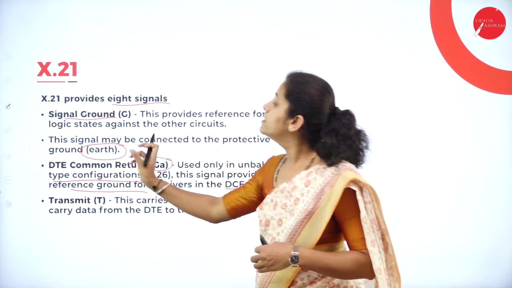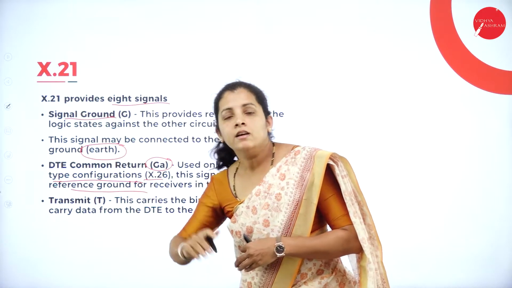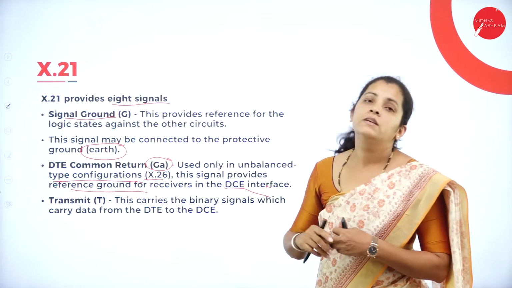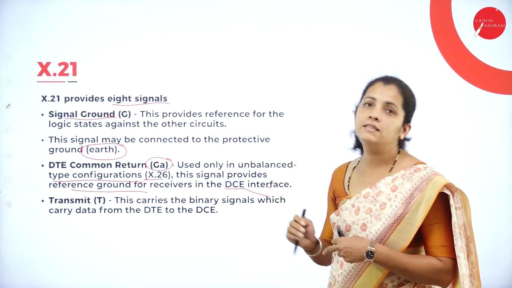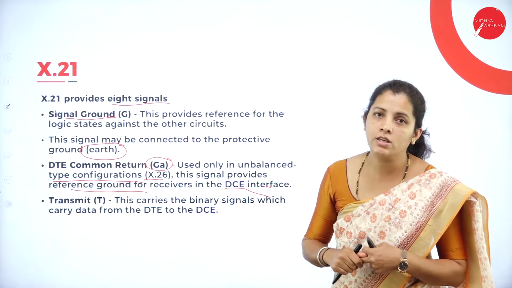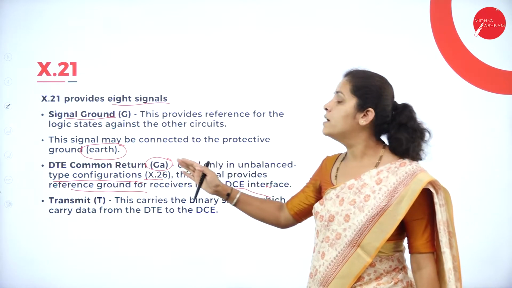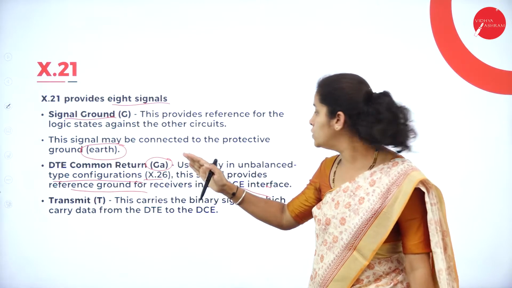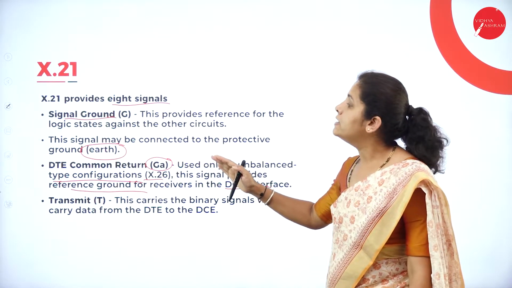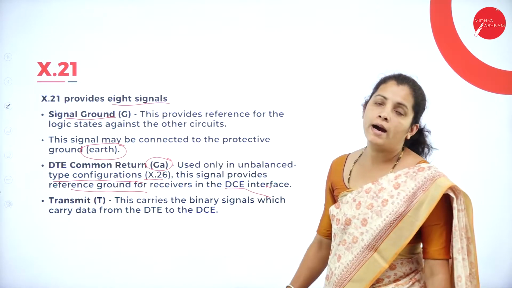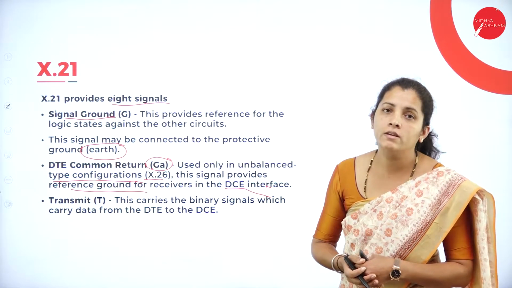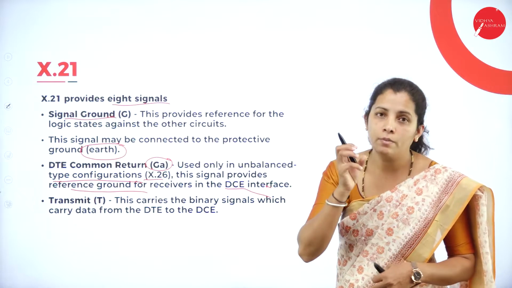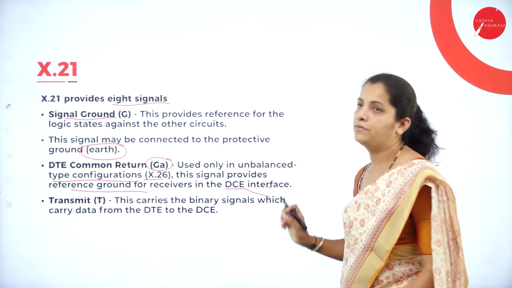So here the DTE common return is mainly used to indicate unbalanced type of configuration, and that is indicated by using X.26. It also provides signal grounding in data common, that means data communication equipment interface.